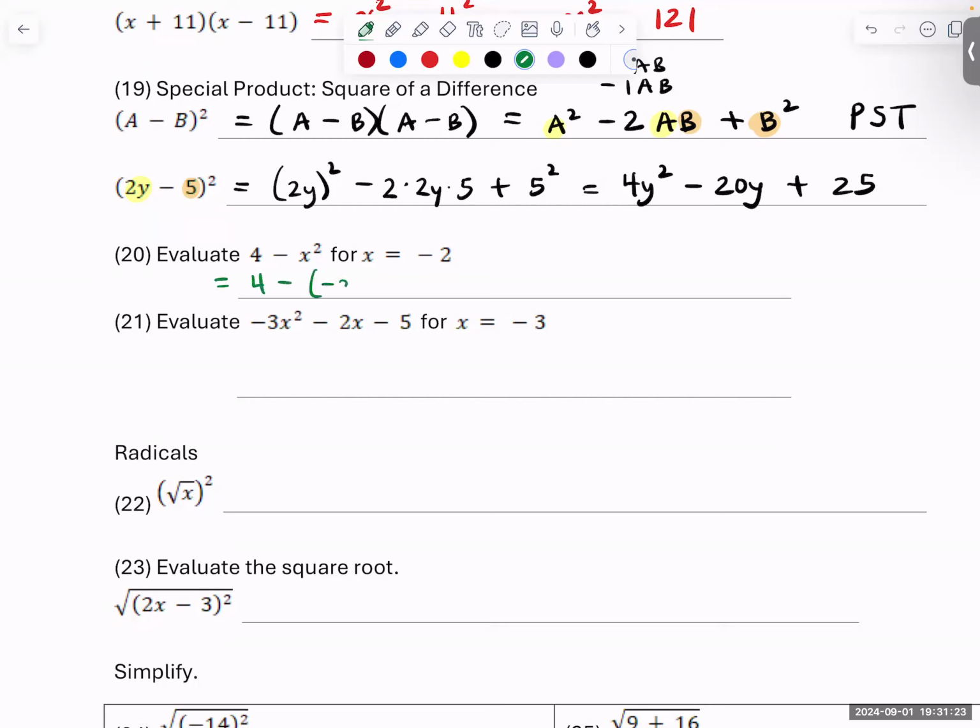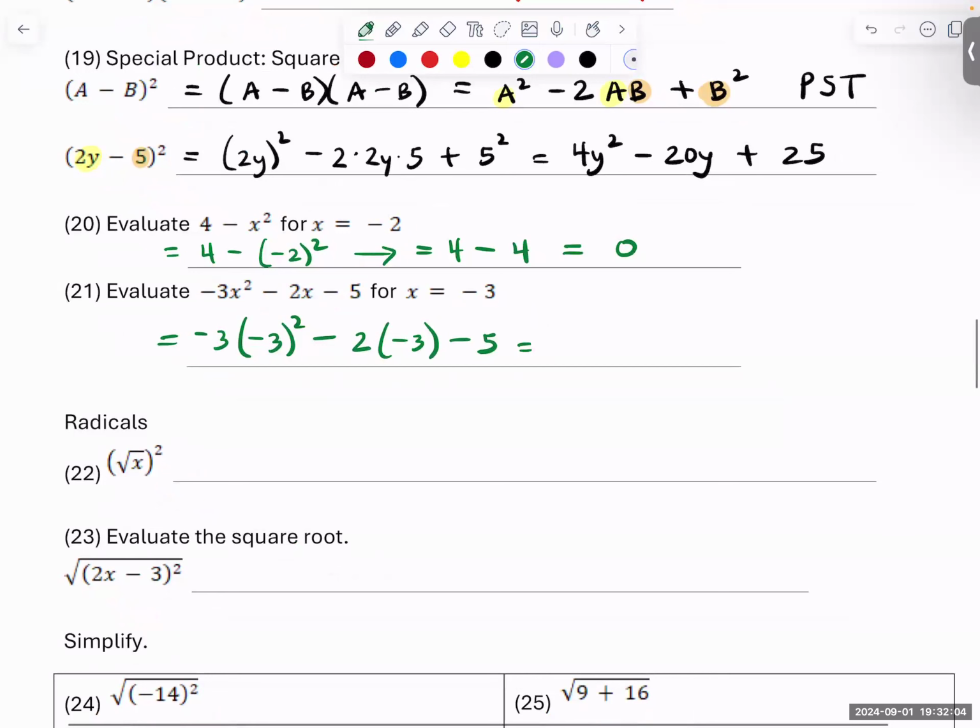Number 21, evaluate the expression, which is a second degree trinomial, by substituting negative 3 for x. So we have negative 3 times the square of negative 3, minus 2 times negative 3, subtract 5. Order of operations says do exponents and multiplication before subtraction.